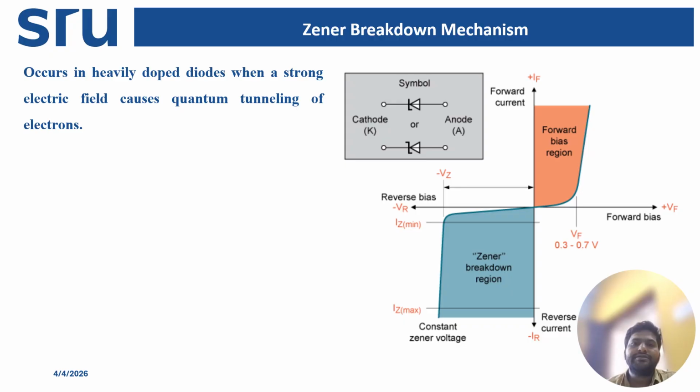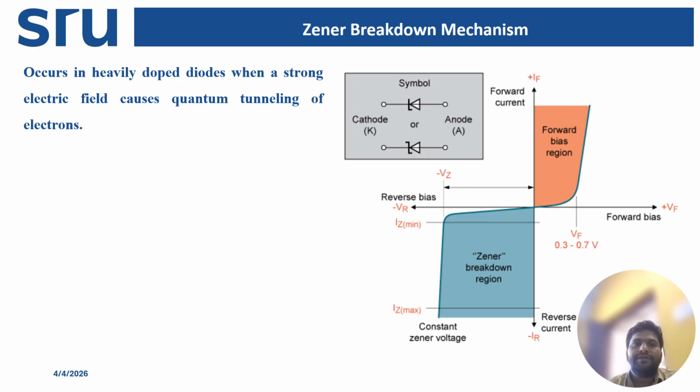This process is called quantum tunneling. No collision is required. Electrons tunnel through the thin energy barrier. As a result, a large number of electrons suddenly become free. Reverse current increases sharply when breakdown occurs.